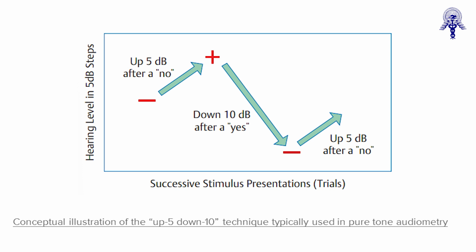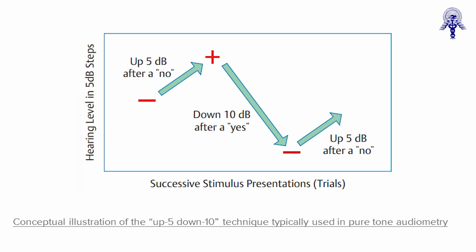Usually a suprathreshold sound is placed. If the person hears the sound, then we decrease. Otherwise, if the person does not hear the sound, we increase the sound initially by 20 dB. Suppose we give a 30 dB suprathreshold sound.